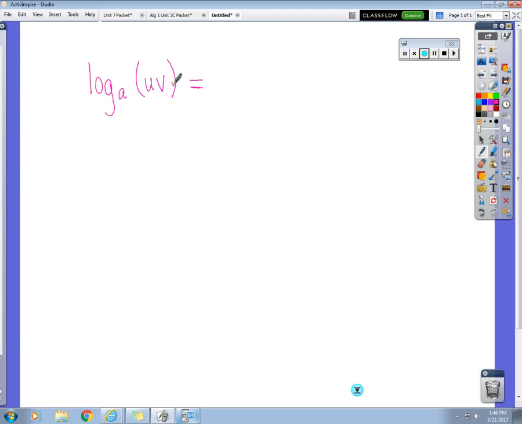If you're asked to expand it, you will write log base A of u plus log base A of v. That's expanded form. Okay, so if in condensed form it's a product, which means that they're being multiplied, when you write it out in expanded form, you put a plus sign between them.